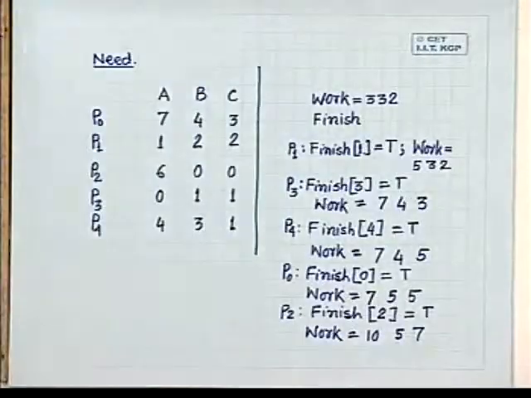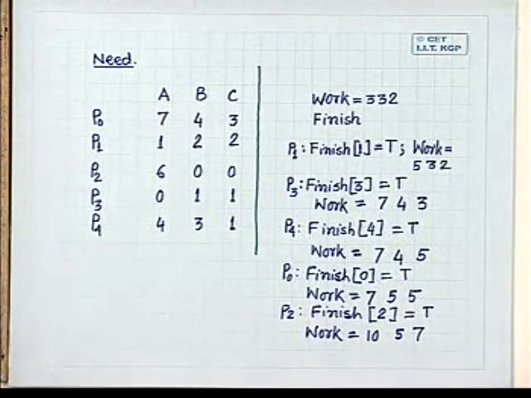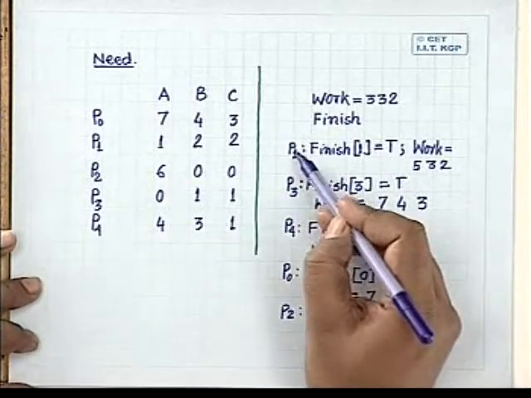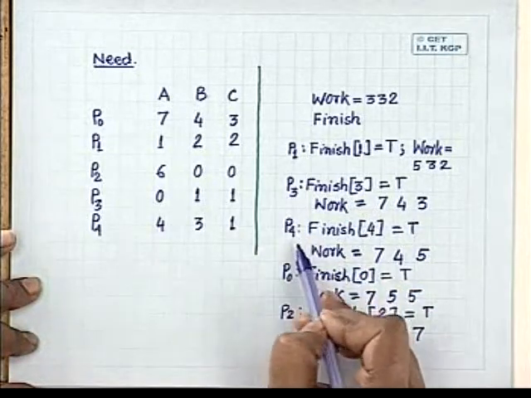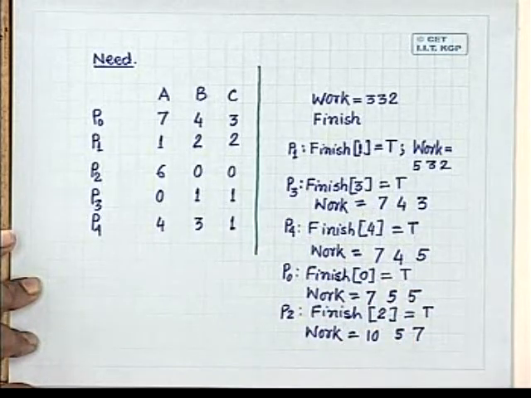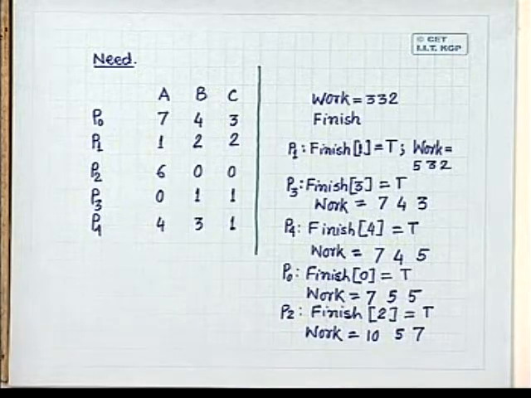So you find that in the present state all the processes can complete in sequence, and the sequence is P1, P3, P4, P0 and P2. This is the one that we are calling the safe sequence.